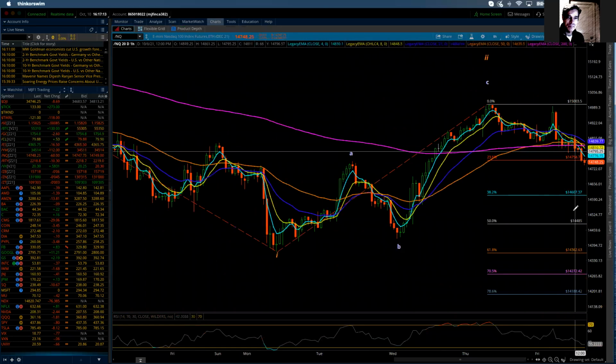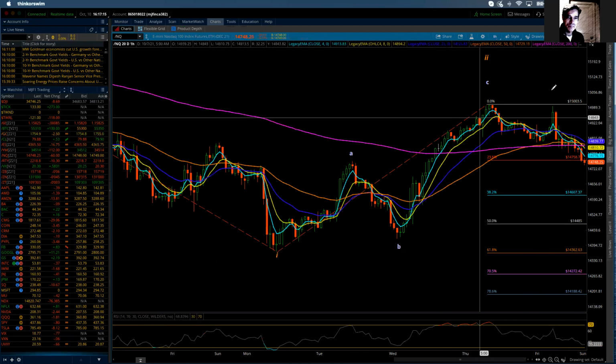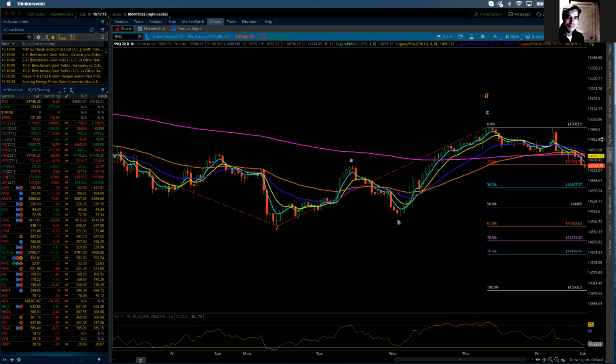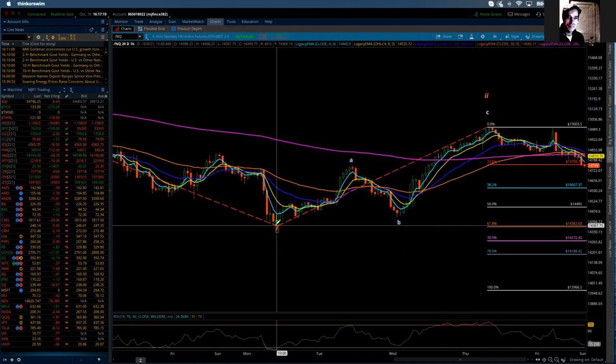Now back out to that hourly chart. I continue to look for things to break down. Now inside this minor third wave, I am looking for a break below 14,368. That's the low of minor wave 1. Minor wave 3, absolute minimum, if not additional, much more additional, has to break below 14,368 as a third wave, has to.